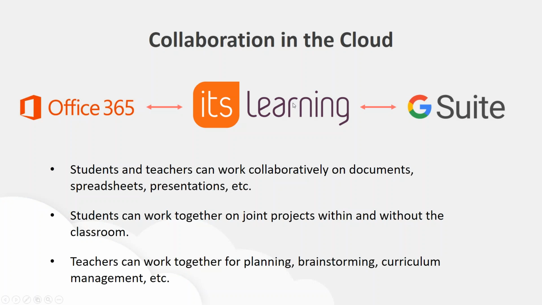So, collaboration and the cloud. This is where Itslearning works with either G Suite or Office 365 or both. One of the interesting bits of feedback we got is that we have some customers where schools decide themselves whether they are using G Suite or Office. It's completely up to them. So you'll see some screens later on where we've assumed that you want to be able to use both.